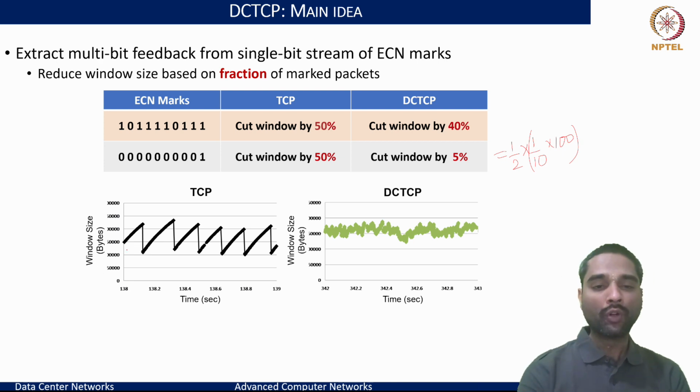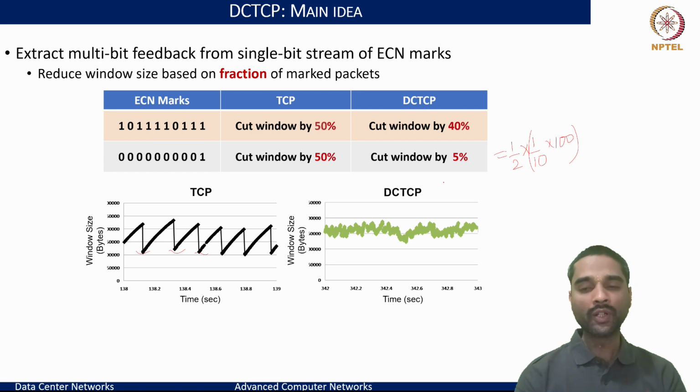But note that this is happening because we are always cutting the window by half. Instead, in DCTCP, what we really care about is how much of the ECN packets we really received. If we received a very small fraction, then the amount of window that we ramp down is much smaller, like around 5%.